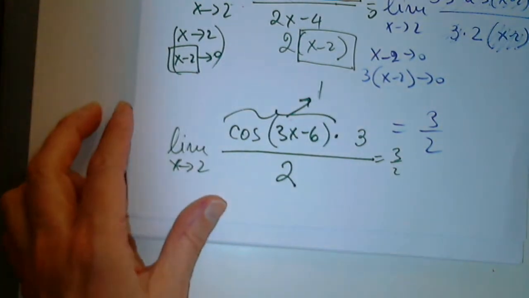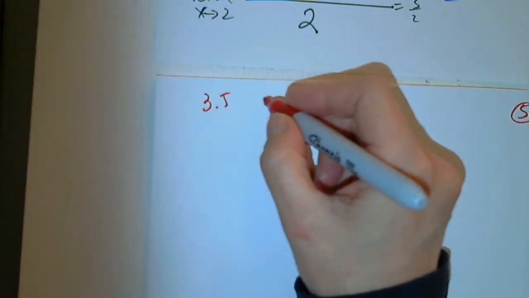Okay, so let's continue with some examples from section 3.5 implicit differentiation. You can choose, or I can choose. So we're still in 3.5. Anything from 5 to 20, including 25 through 32.